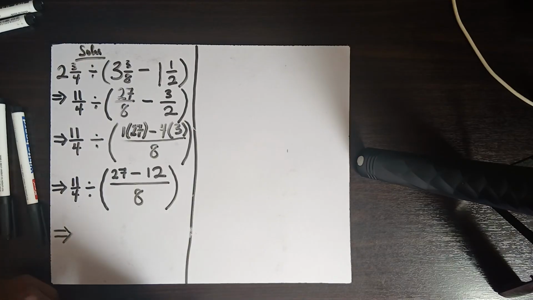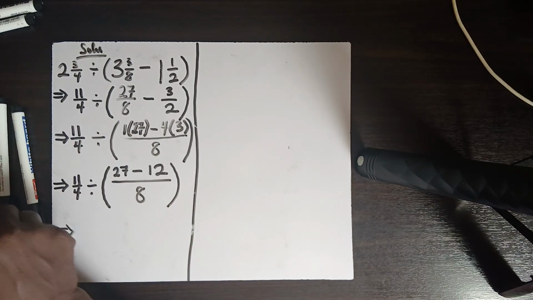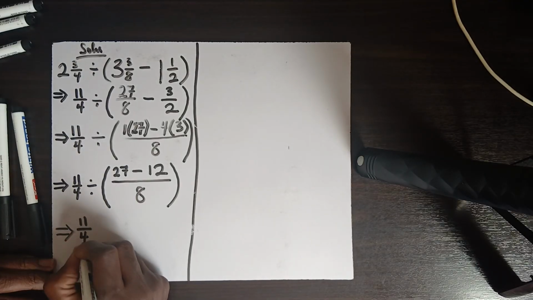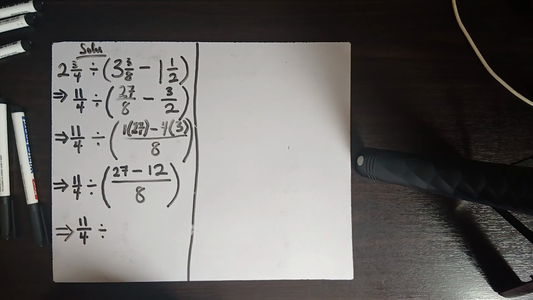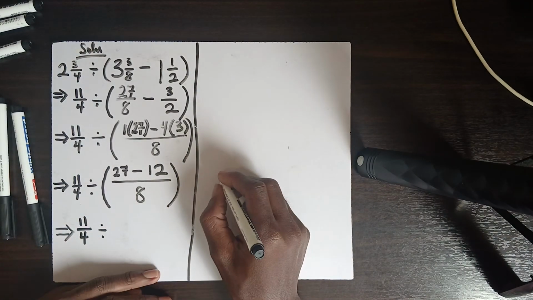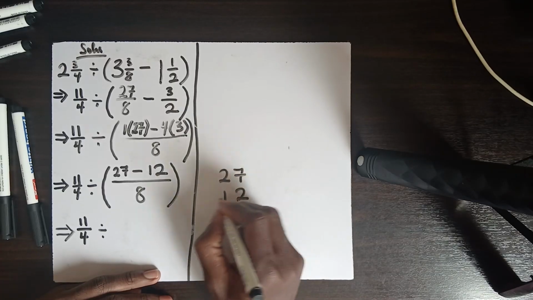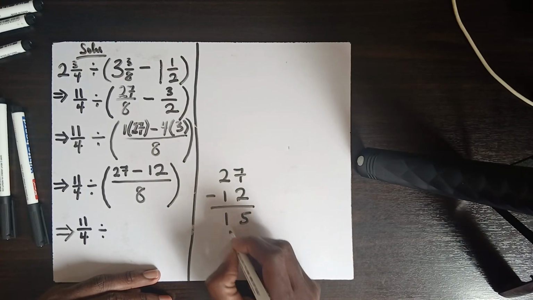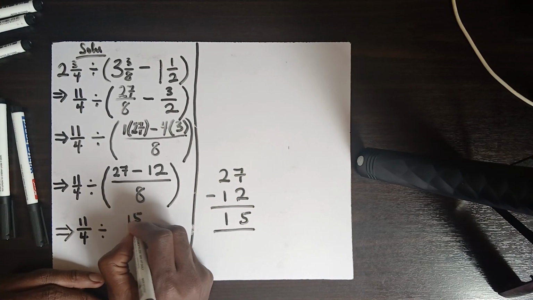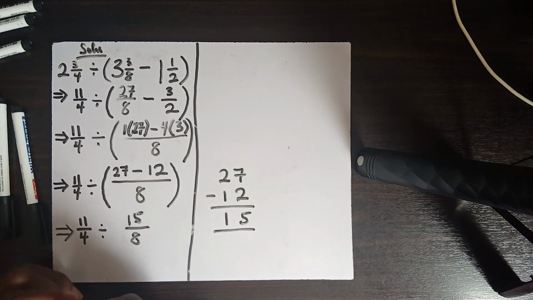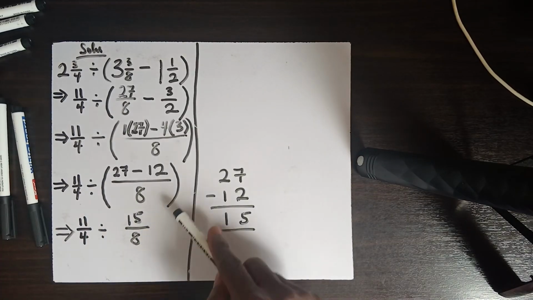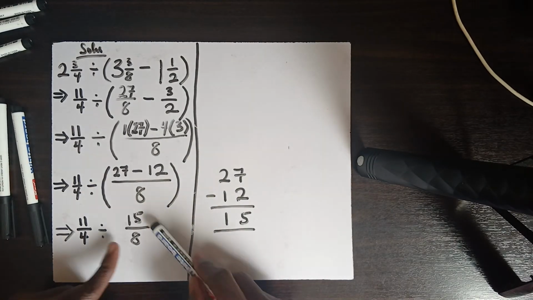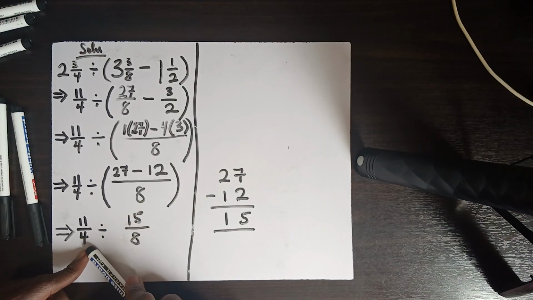We are simplifying further. 27 minus 12. So 7 minus 2 is 5. 2 minus 1 is 1. So that will give us 15 over 8. You can see that when I was simplifying it, I didn't repeat the bracket. That is because we cannot simplify this any further. We have to now operate it together with the 11 over 4.